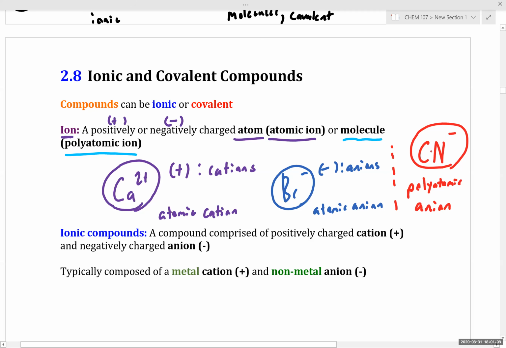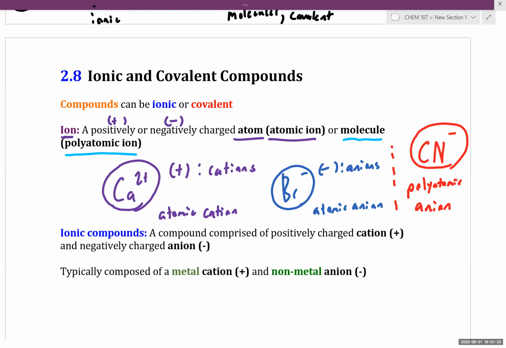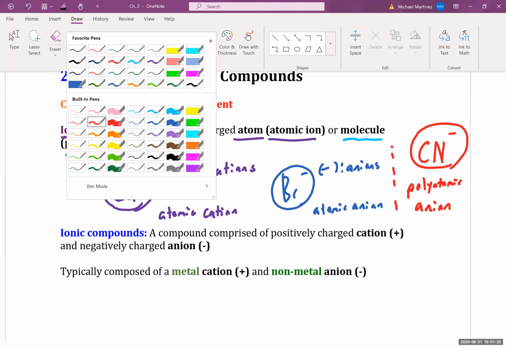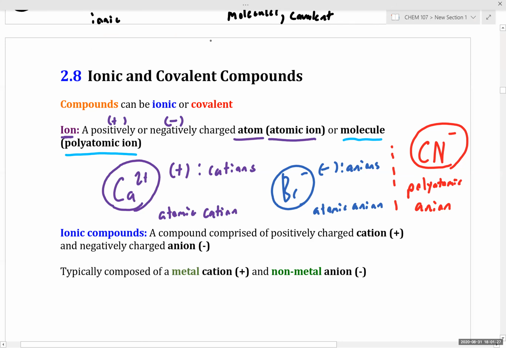We have a molecule with a net charge, and because it has a negative charge, we call it a polyatomic anion. Does this idea make sense to everyone? That ions are charged atoms or molecules, positively charged species are cations, negatively charged species are anions.